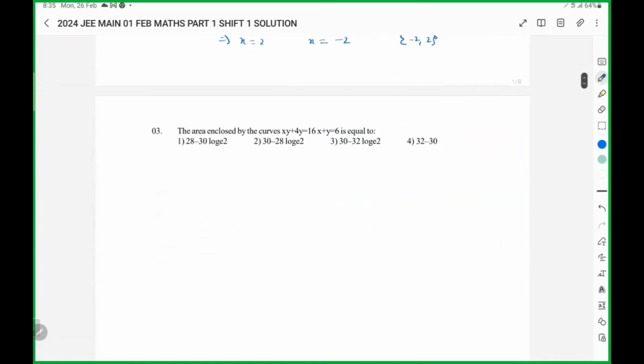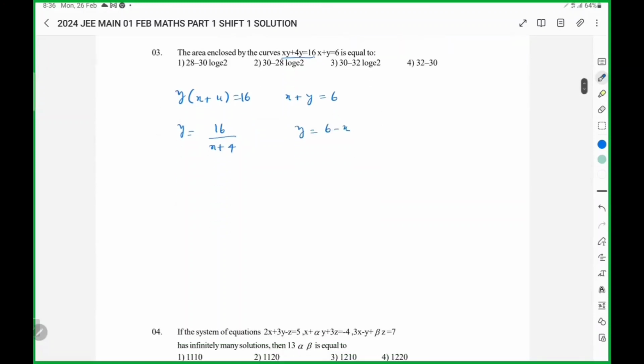Here, the area enclosed by the curve y into (x plus 4) is 16 and x plus y is 6. So y is 16 by (x plus 4), and here y is 6 minus x. Here y equals 16 by (x plus 4): as x increases, y decreases.